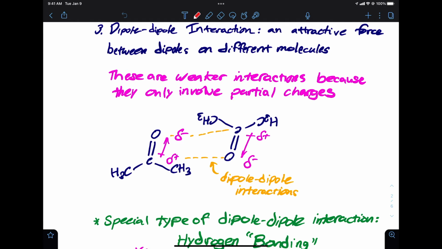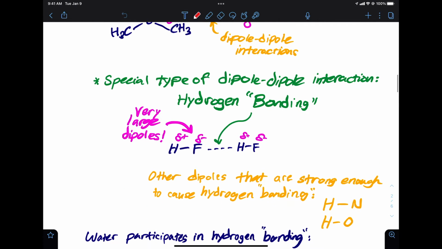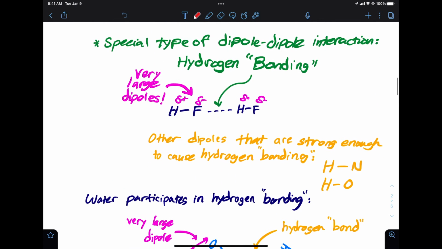Now there's a special type of dipole-dipole interaction, which is called hydrogen bonding. And you see that I put bonding in quotation marks here because this is not a real bond. It's not a covalent bond. It's not an ionic bond, but it's an intermolecular force, and a very strong one.